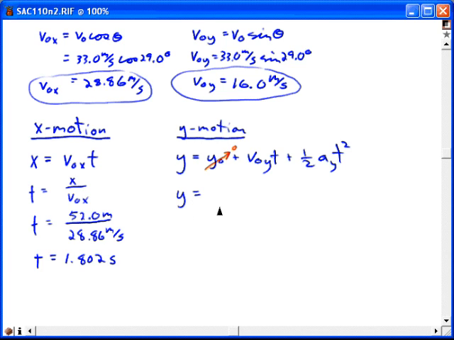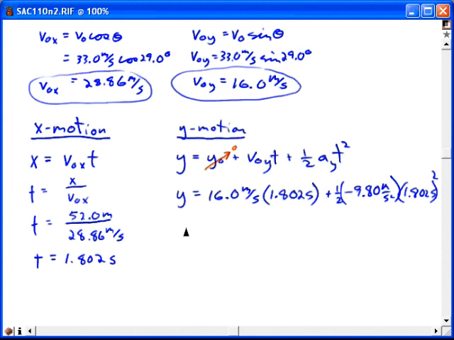Just substitute values and evaluate. 16.0 meters per second times the time that we just found, 1.802 seconds, plus 1/2 of our minus 9.80 meters per second squared times that same time, 1.802 seconds, all squared.